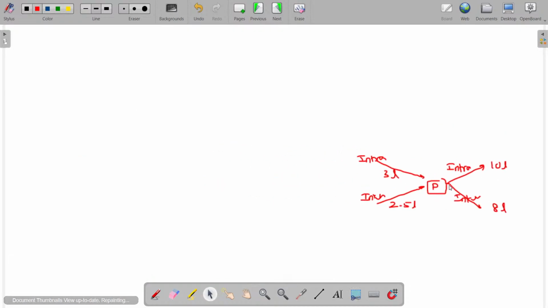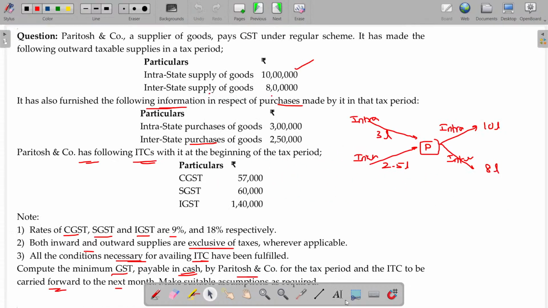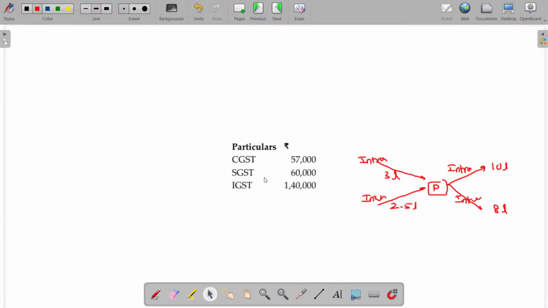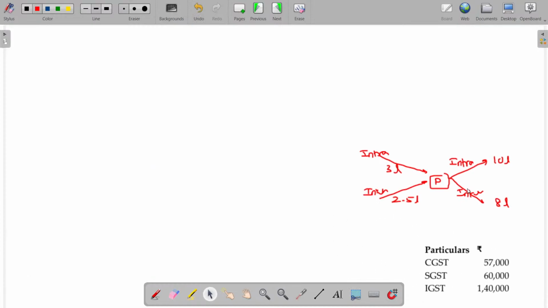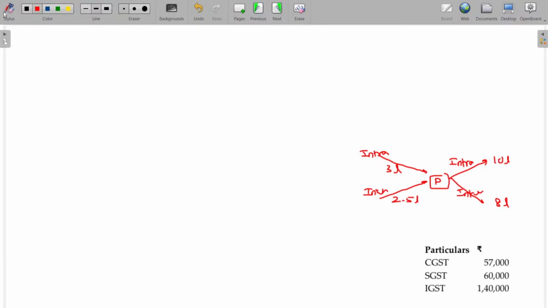Now, let's see. This calculation you can better understand by the method I am going to solve here. Find out the GST payable first of all. He has to pay CGST, SGST, IGST.